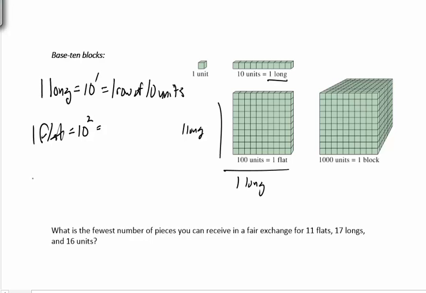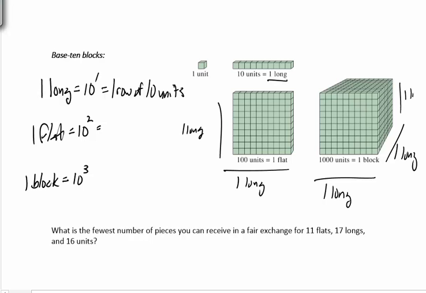And then we're going to call one block 10 cubed, and that's three-dimensional for us. So each of those have length one long. But we can look at this to do some different types of conversions.